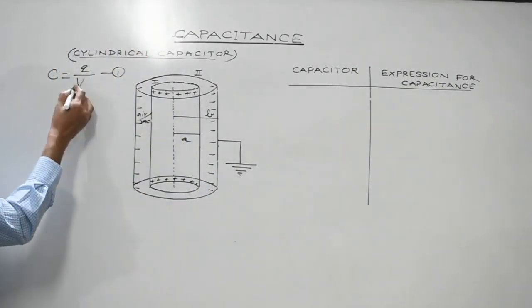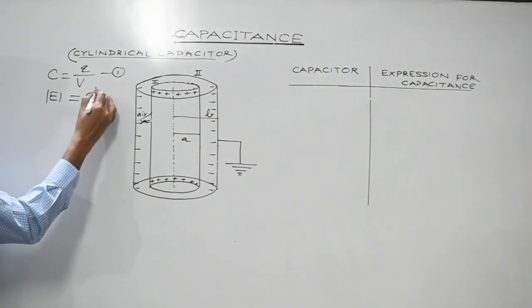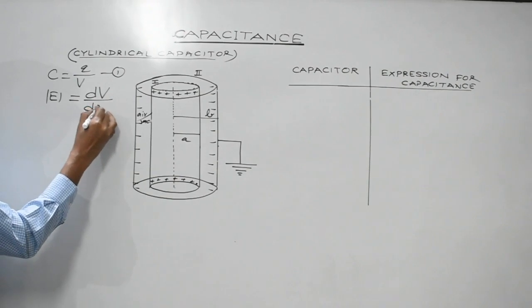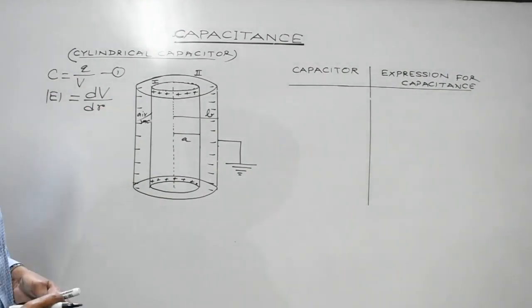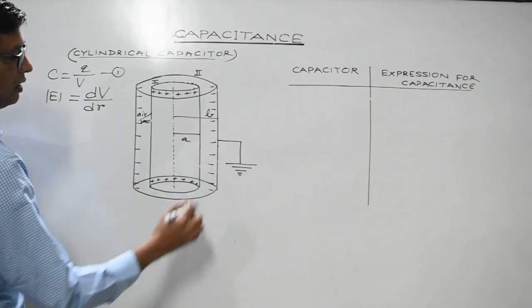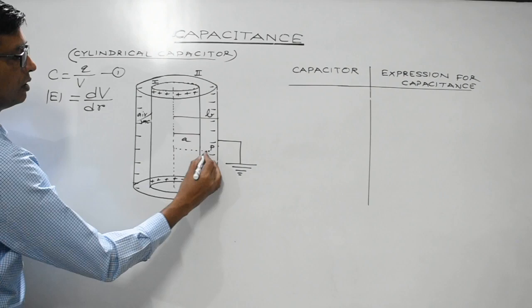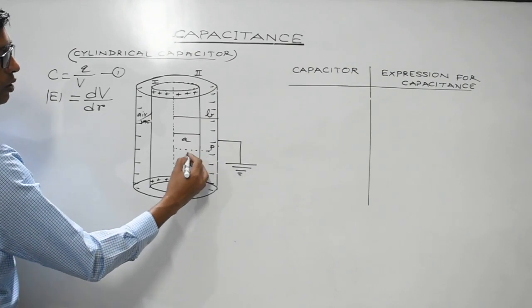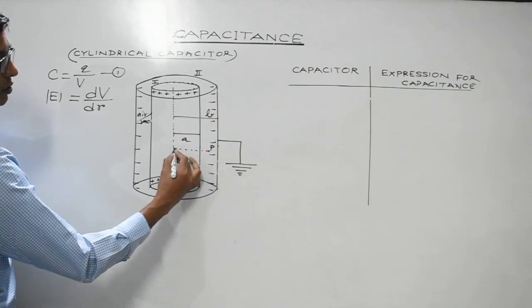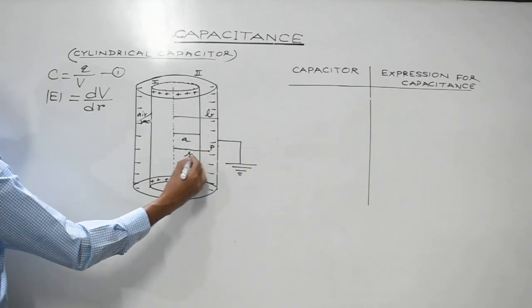Now in order to find out the potential difference, we have to make use of this. E in magnitude is given by potential gradient in magnitude. So V is the potential difference between these two, right? Suppose this is a point P. Here we need to find out the potential or potential difference between these two shells. Suppose the distance of this observation point from the axis is r.